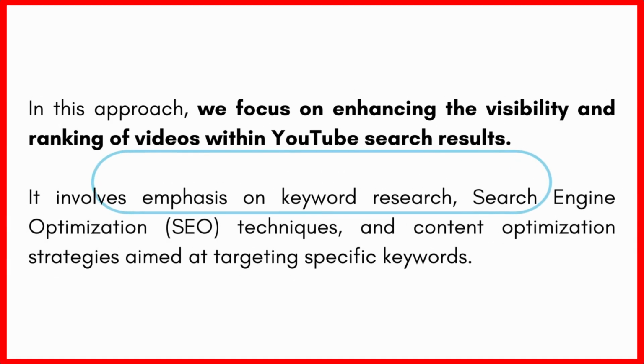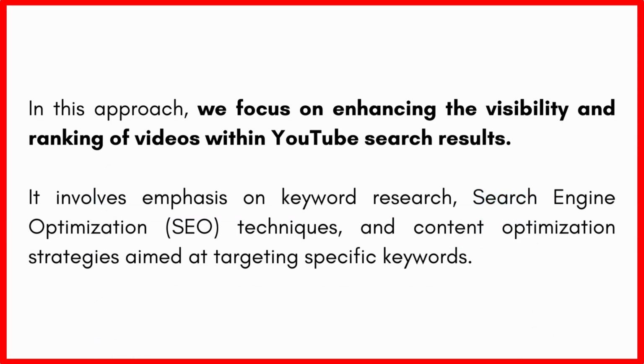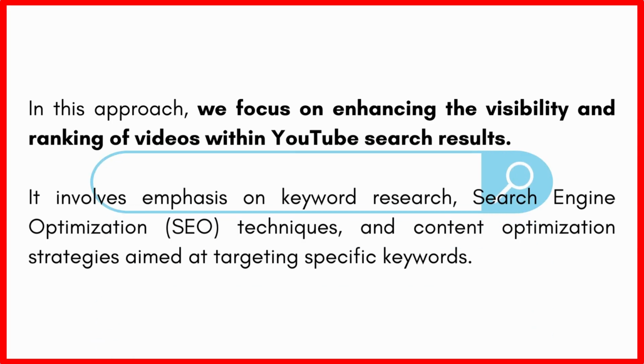In this approach, we focus on enhancing the visibility and ranking of videos within YouTube search results. It involves emphasis on keyword research, search engine optimization, SEO techniques, and content optimization strategies aimed at targeting specific keywords.